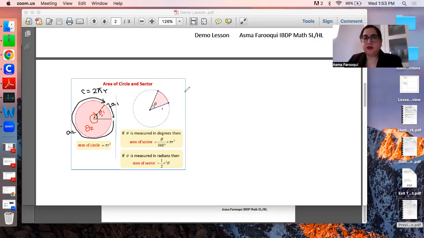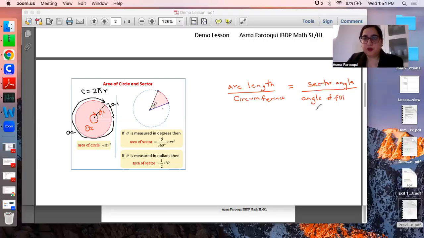So the ratio we know in a circle, with the radius r, is arc length divided by the circumference is equal to sector angle divided by angle of full rotation.